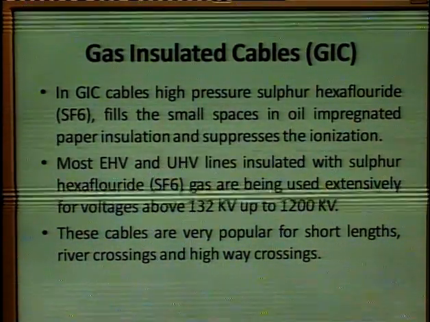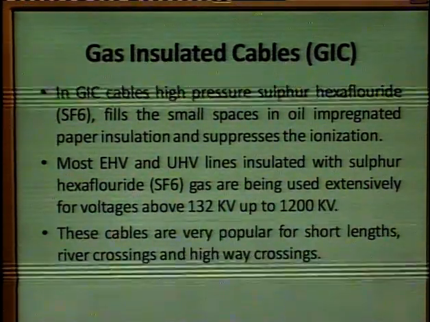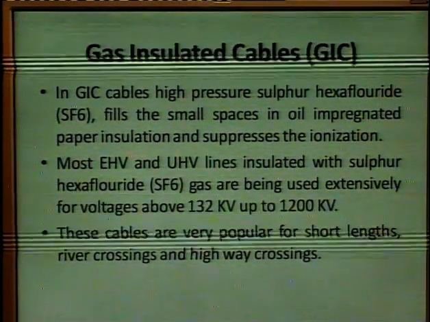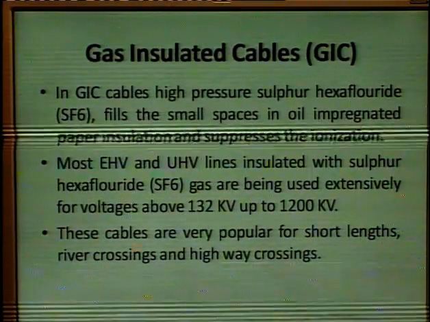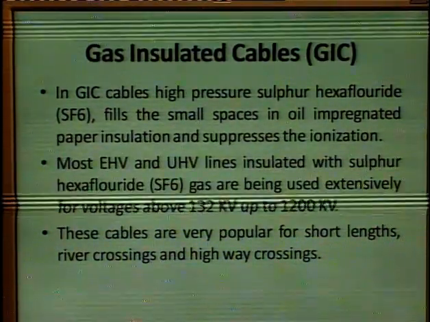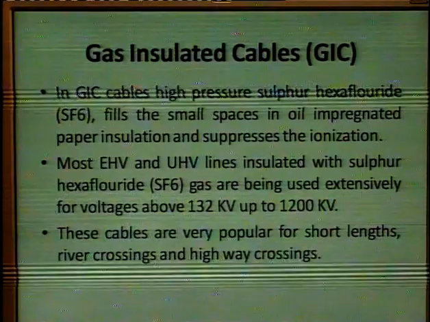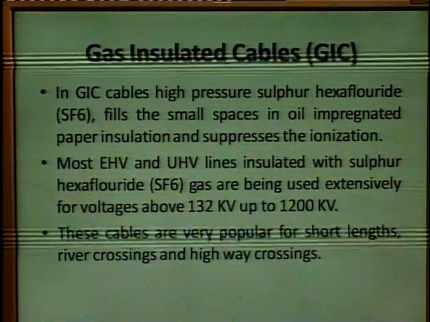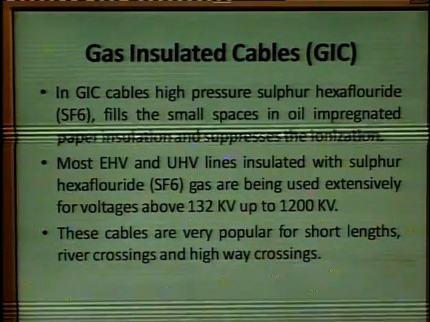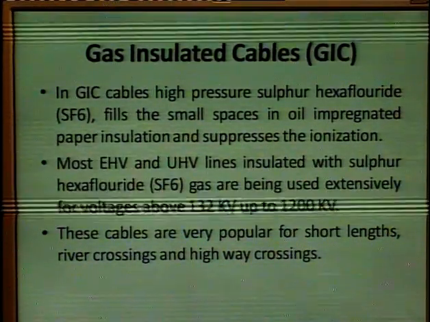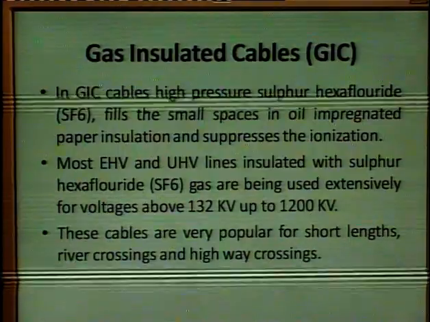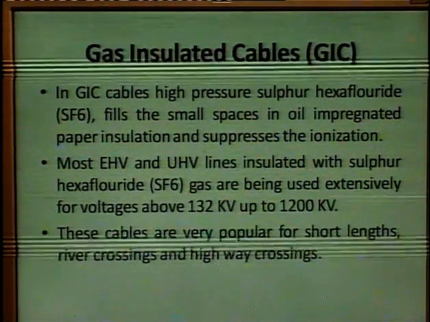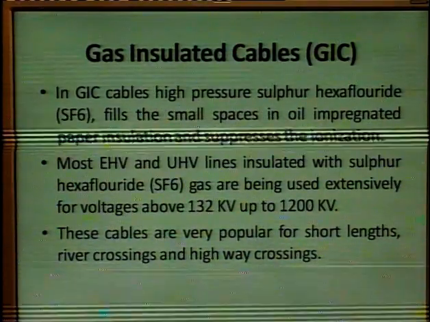Most EHV and UHV lines insulated with SF6 gas are being used extensively for voltages above 132 kV up to 1200 kV. And these cables are very popular for short lengths, river crossings and highway crossings.